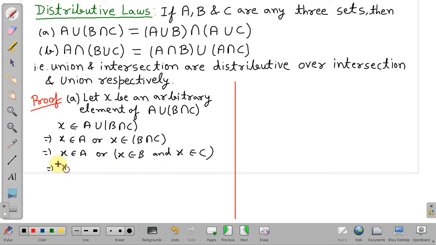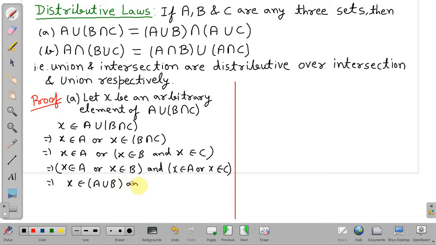So we can write this as x is an element of set A or x is an element of set B, and x is an element of set A or x is an element of set C. Okay, so this can be written as x is an element of set A union B and x is an element of set A union C, and this can be written as x is an element of (A union B) intersection (A union C).